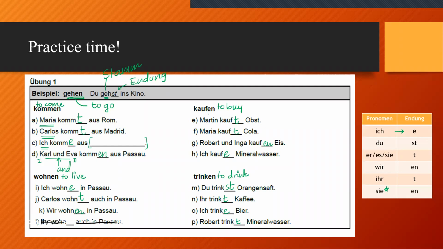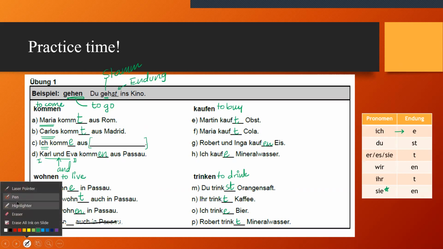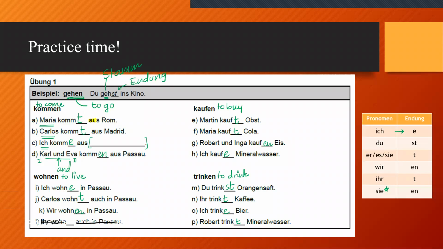All right. Now, in this particular exercise, we also have some sentences that have a preposition. So that is aus here for these four sentences, and then we have in for these three sentences. So this preposition aus basically stands for from.